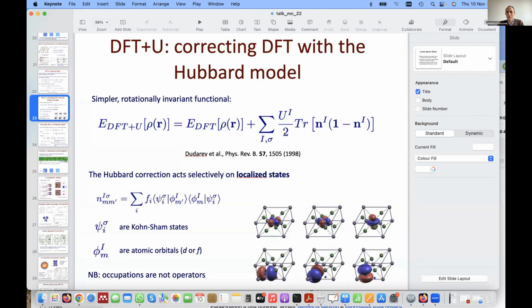Yes and no, in the sense that when you have an approximate functional that misses, so the band gap, as was said yesterday, I believe, the fundamental band gap is the sum of two pieces. So it's the Kohn-Sham band gap plus the potential discontinuity. The potential discontinuity is typically missed by approximate functionals.